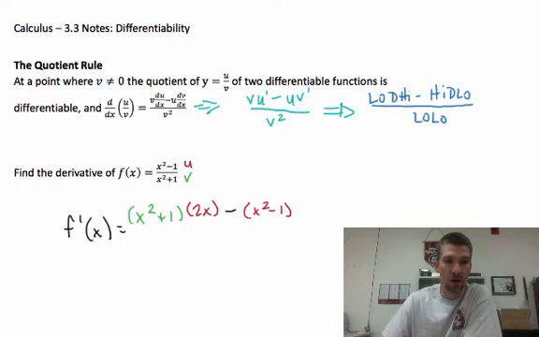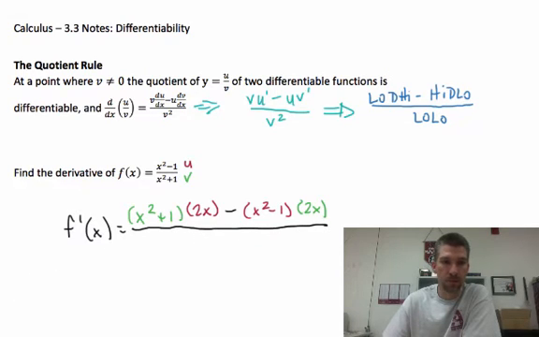D low is going to be 2x, all over the low man squared, low. So x squared plus 1 squared.